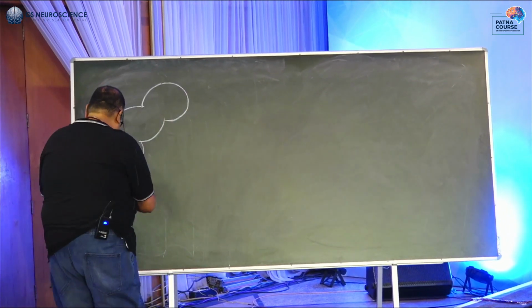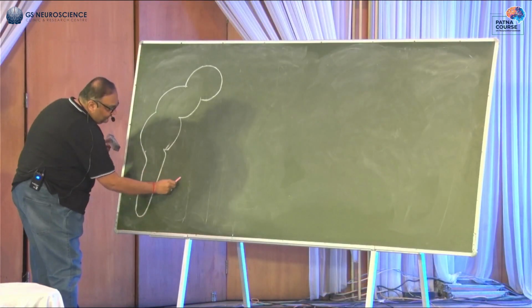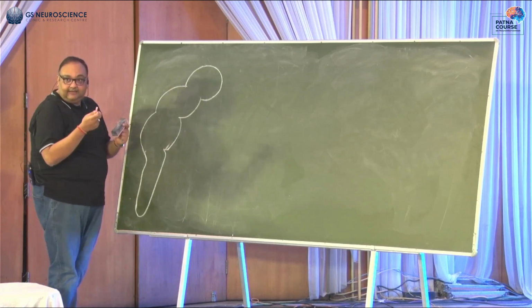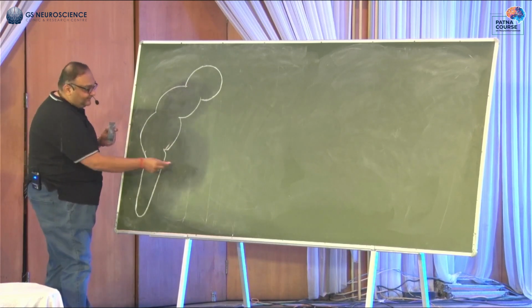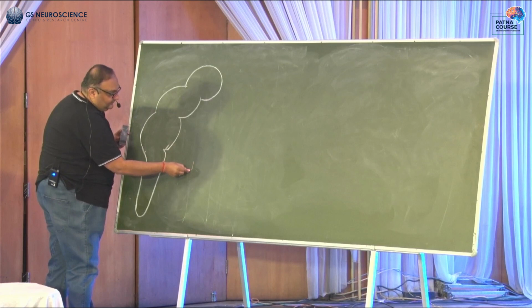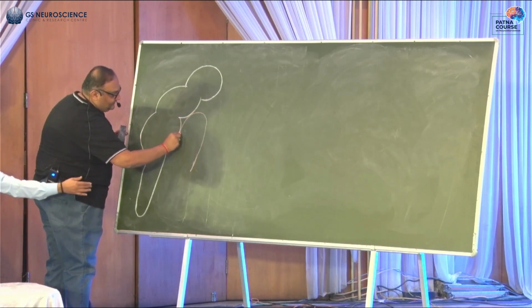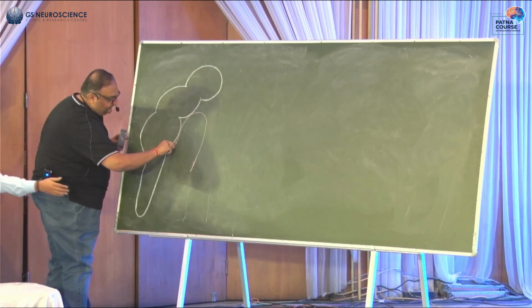Now, when the heart is developing somewhere at this area, the heart basically gives rise to a series of vessels called the ventral aorta, which curves back to form the dorsal aorta.